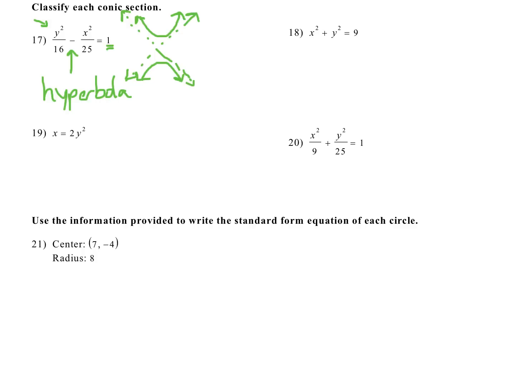Number 18, we have x squared plus y squared equals 9. Now, especially when you see no denominator on either the x squared term or the y squared term, no coefficients, just x squared plus y squared equals some constant value, we know that this is set up as a circle.